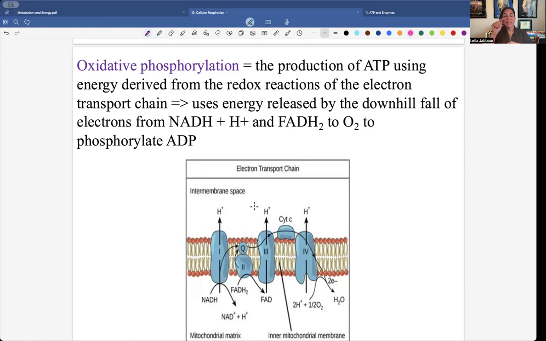And how do we get that electron transport chain to work? We need the energy from NADH and FADH2 to be dropped off, right? They're coming from the citric acid cycle, and then they come in here and say, hey, here we are. We just came from the matrix where the citric acid cycle was spinning.